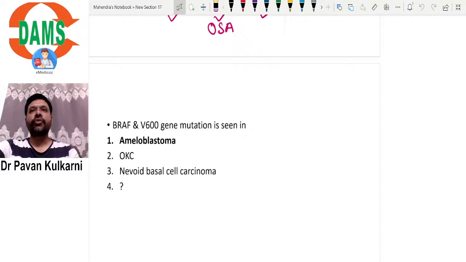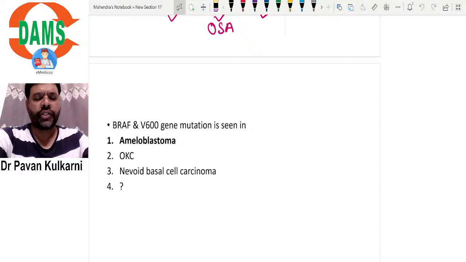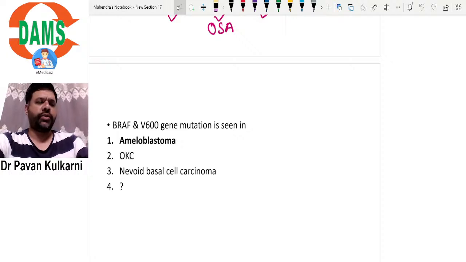Ameloblastoma is associated with a lot of genetic mutations; three important genes are BRAF, V600, and MAPK. Sometimes you can get a question based on gene mutation. This was an unexpected question, as gene mutations are more specifically asked in bone disorders.